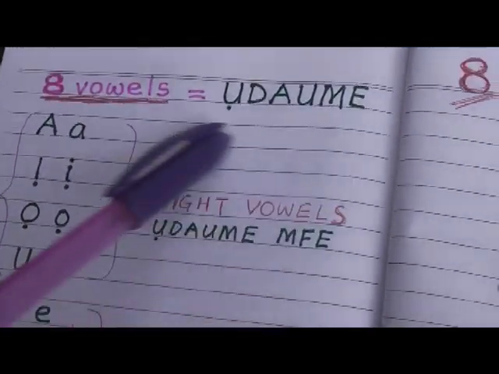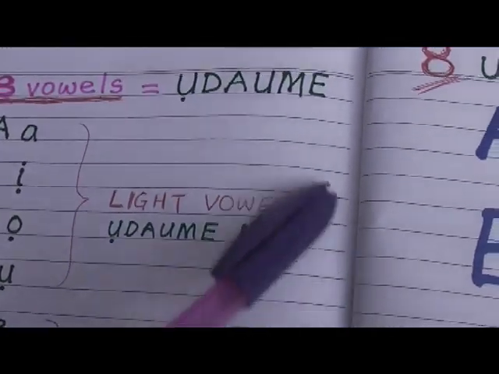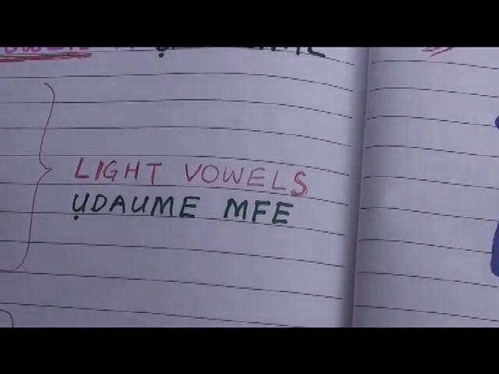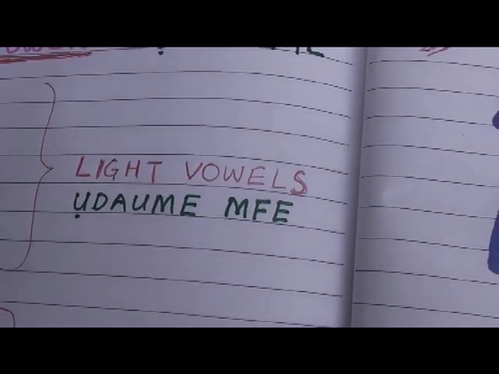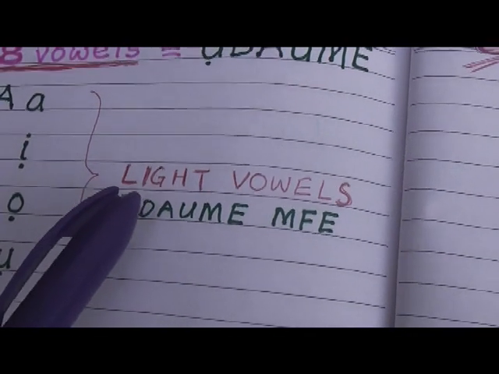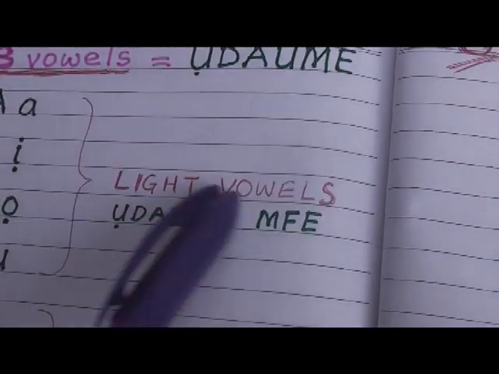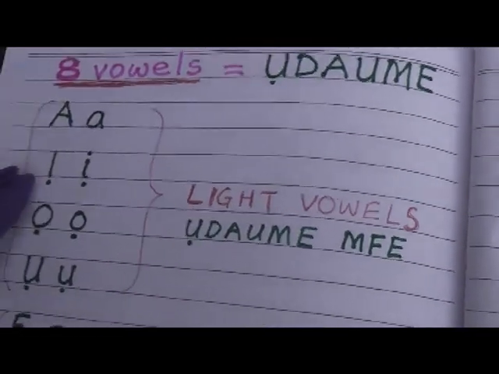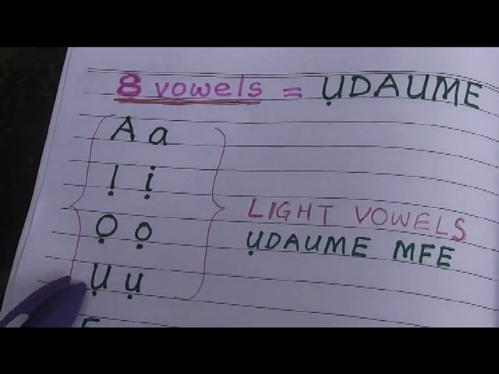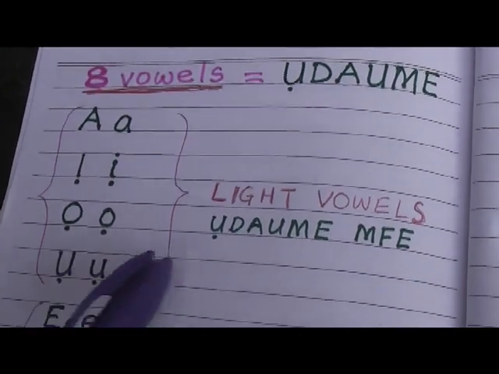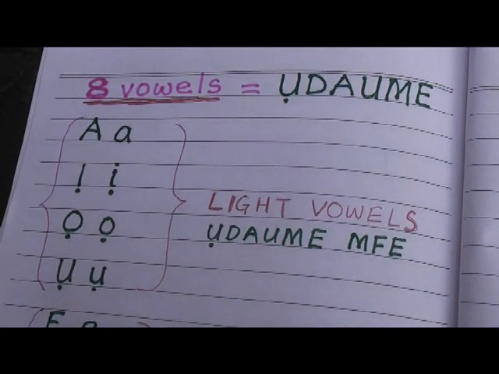Oda Ume Mfe. That is to say, light vowels, because they sound light. They sound soft. Their sound is very soft. We call them light vowels. A, O. They are light vowels, or Oda Ume Mfe.